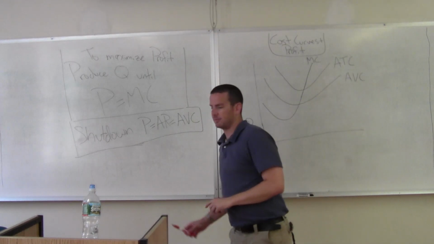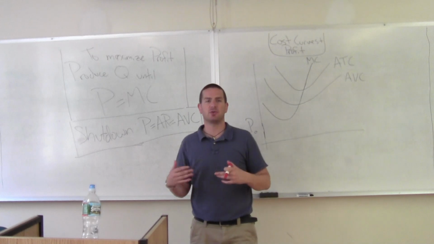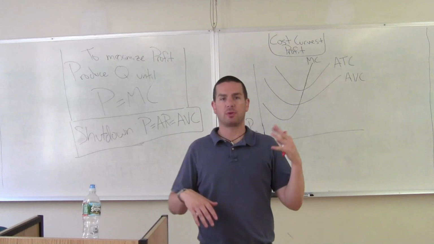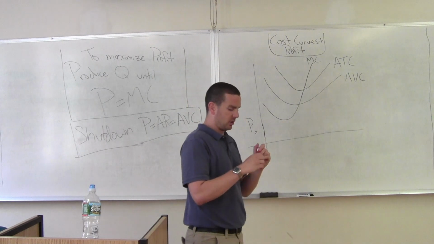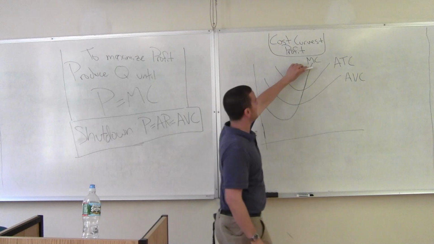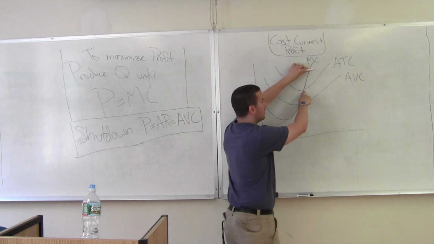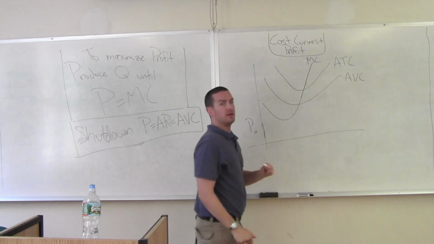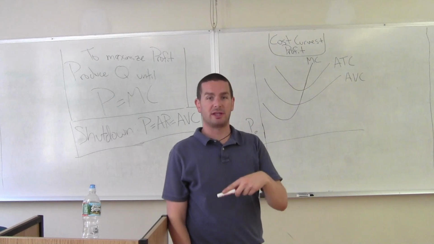Finally, we've looked at profit. We've looked at a situation where you get profit. That's when you get a demand curve way up here, when your average revenue is greater than your average total costs. On the other hand, we saw that the shutdown point is when you are losing money.